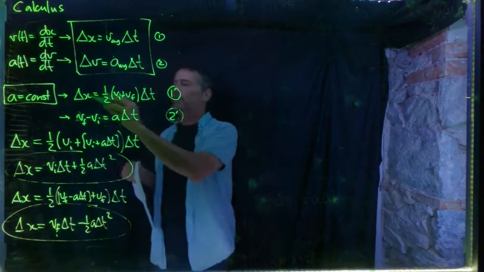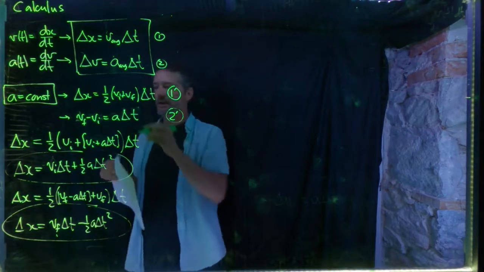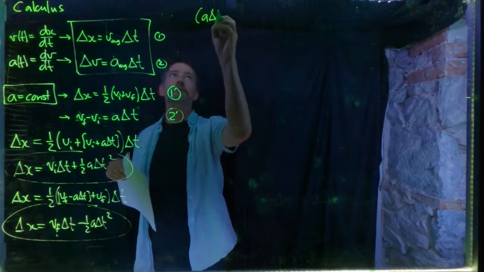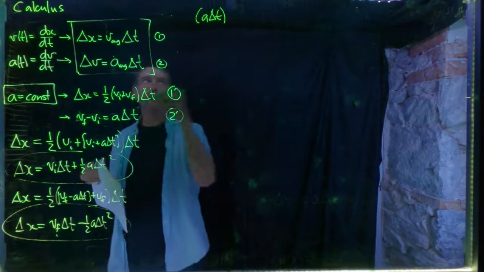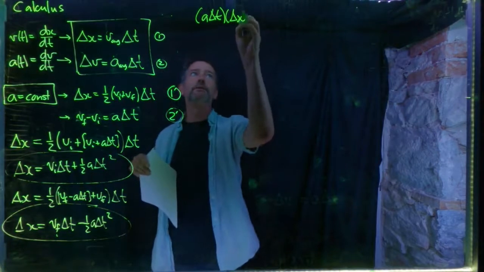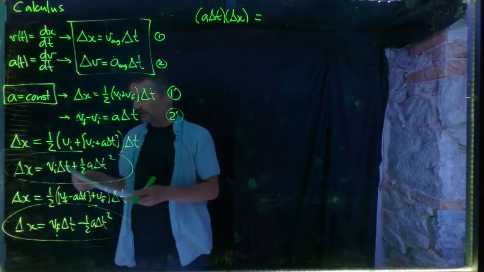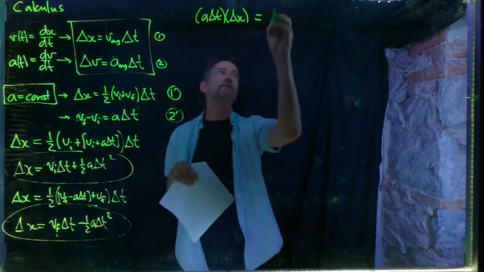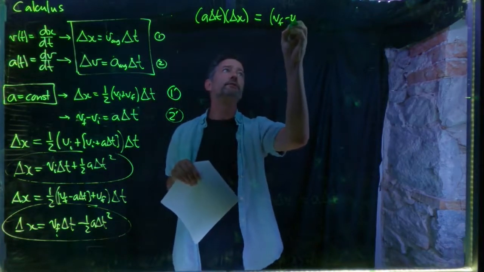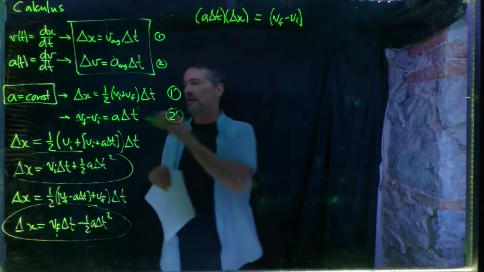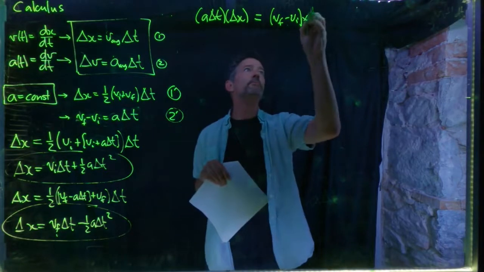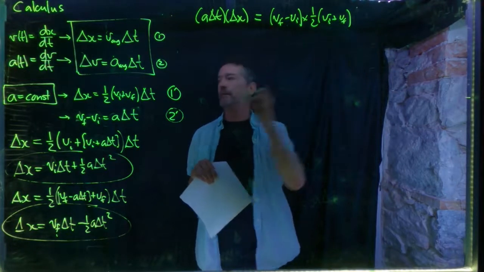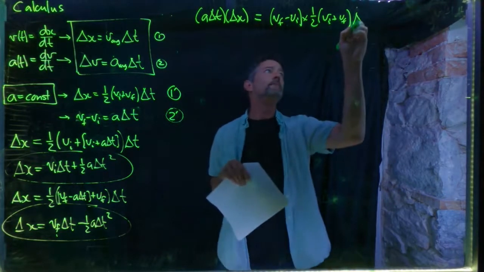So on the left-hand side, we're going to say a delta t, times delta x. That's equal to, how should we order this? Let's put this first. That's equal to that times that. So that's v final minus v initial times 1/2 v initial plus v final times delta t.